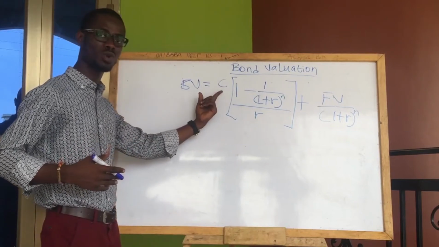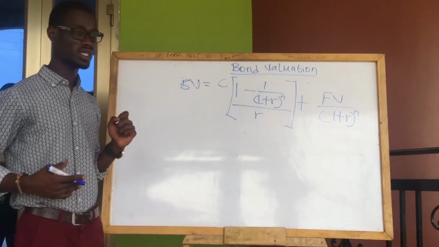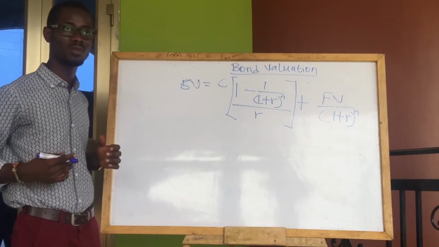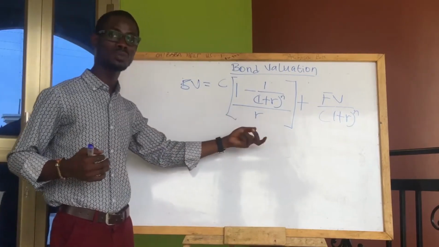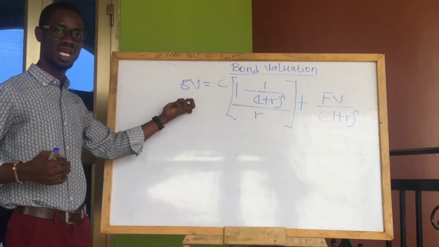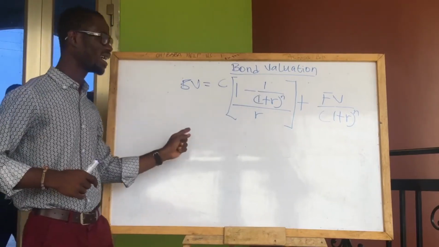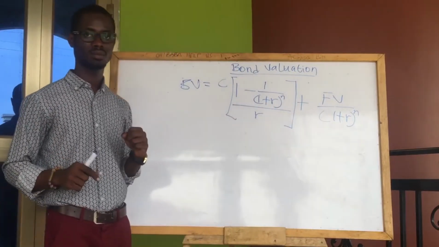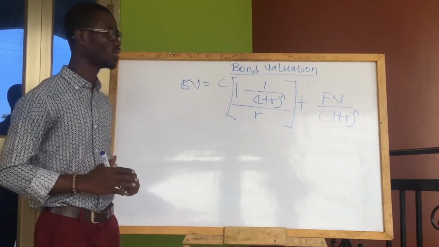Then at the end of the 20 years, I'll give you 1,000 Ghana cedis, at an interest rate of, let's say, 15% or 12%. Then you use your formula to compute how much you, the lender, will give to the borrower, so that at the end of the 20 years, the borrower will give you 1,000 Ghana cedis. I hope it's very simple and you understand it.